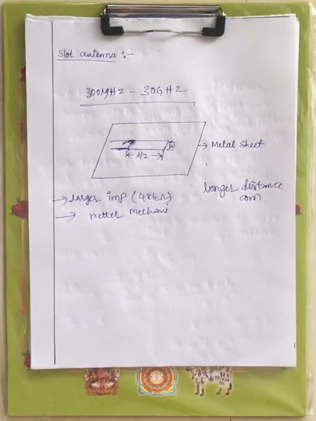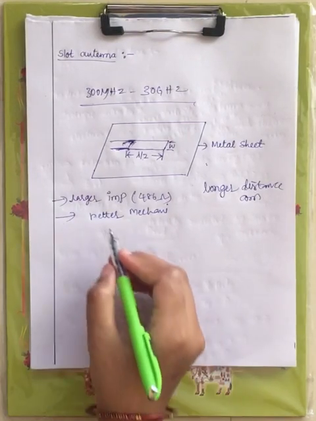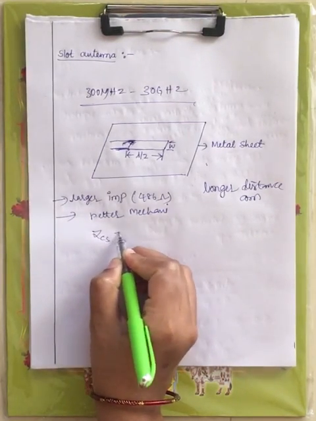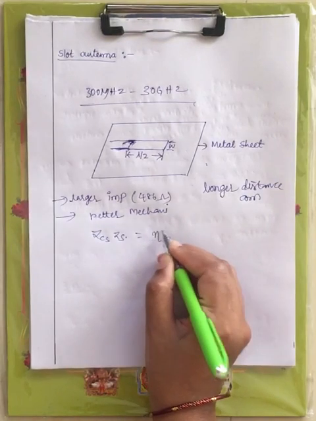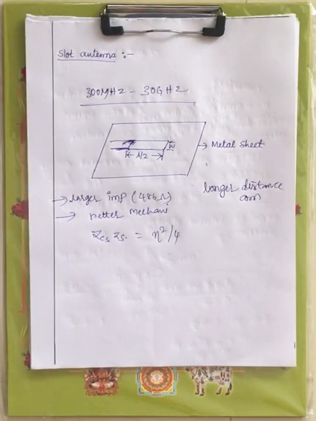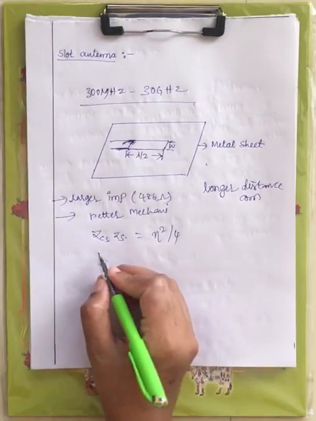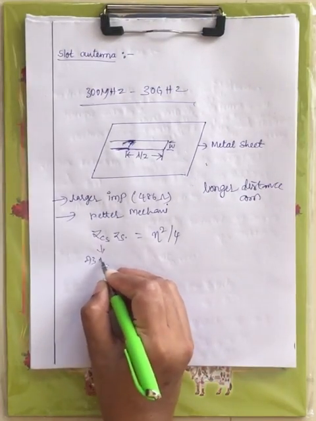The impedance of the slot antenna is given by Zcs times Zs, complementary slot impedance times slot impedance, which equals eta squared by 4. This formula is for the slot antenna, and the complementary slot impedance is 73 ohms.